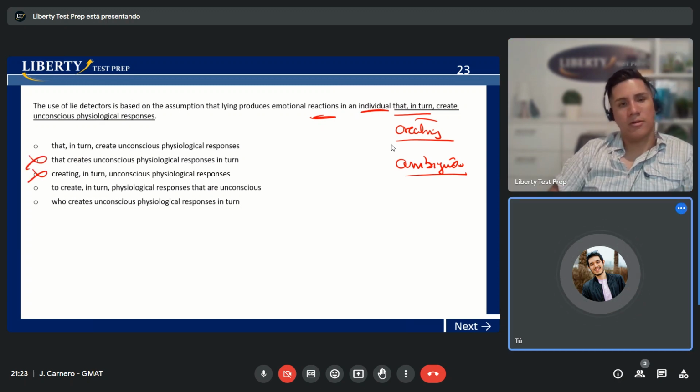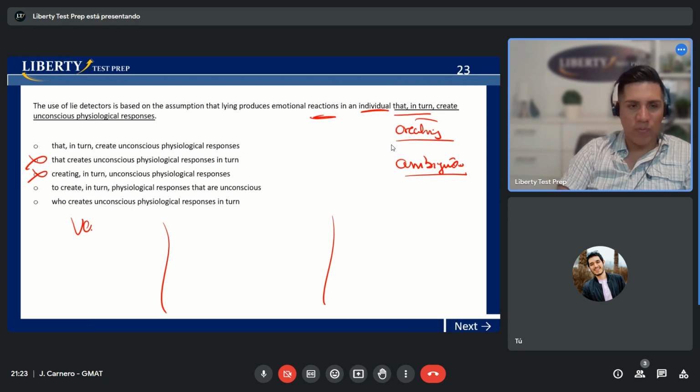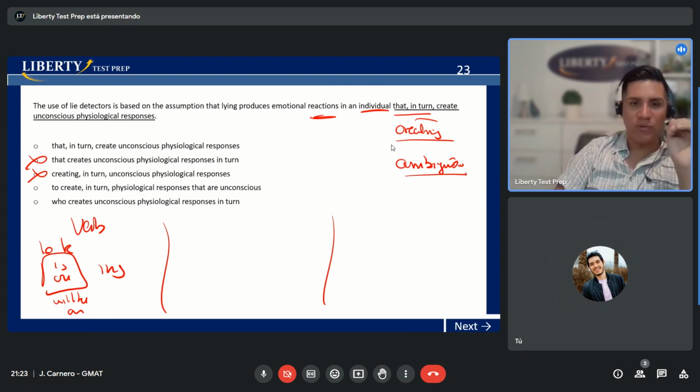I think I have a problem identifying when it is an ing verb and when it is an adjective. All right. An ing verb can only be a verb when before it you have a verb to be: is, are, will be, was, were. If you don't have any of them, it's never going to be a verb.